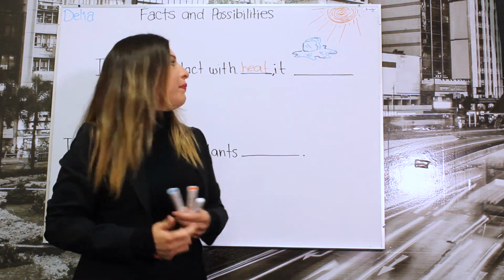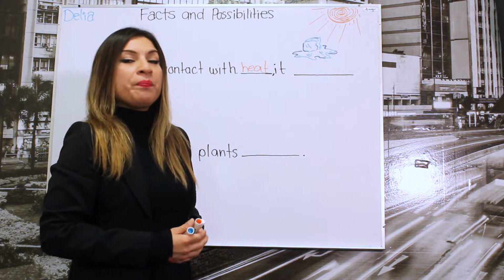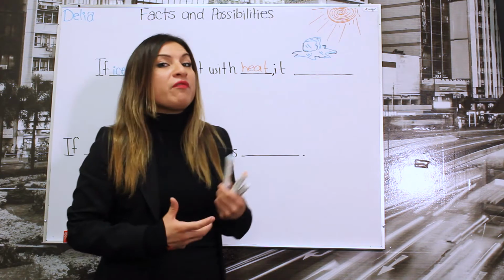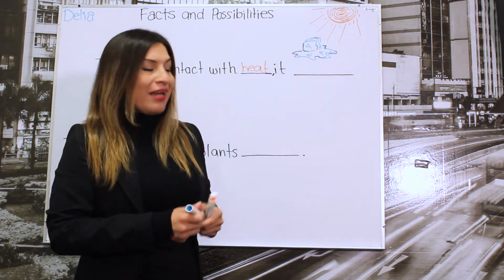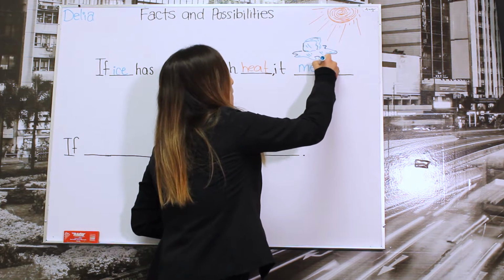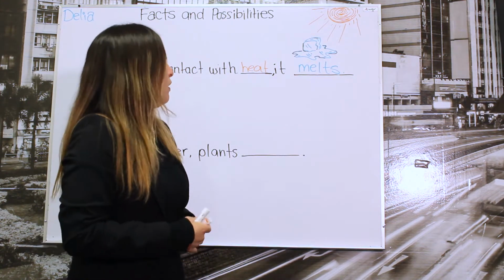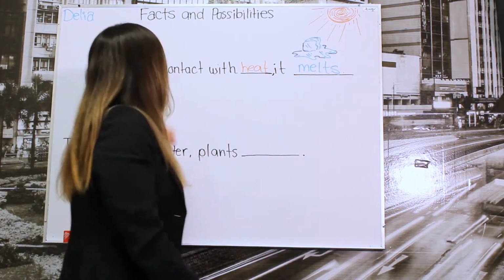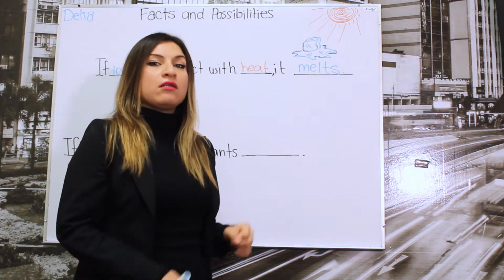What is going to happen with the ice? I represent the ice with it. Alright, so I need the name of the process. From solid to liquid, my process is melts. Alright, so this is my correct sentence. If ice has contact with heat, it melts.